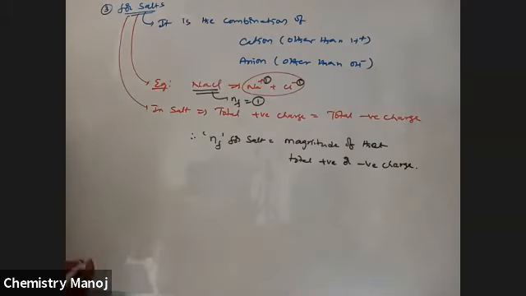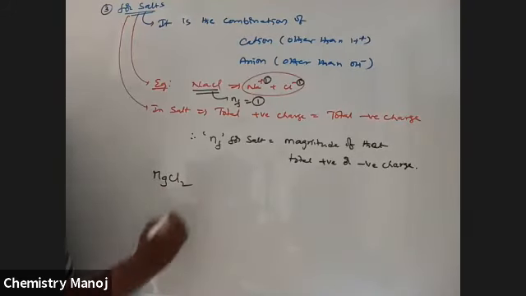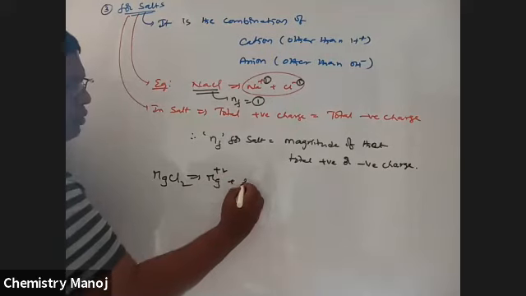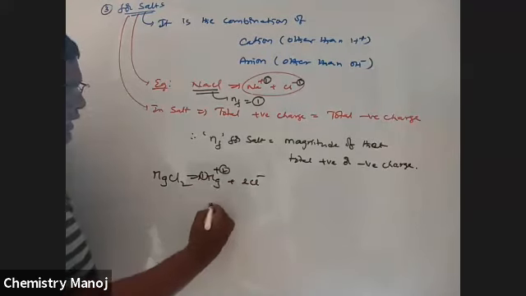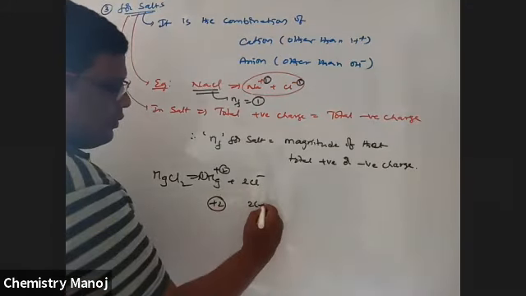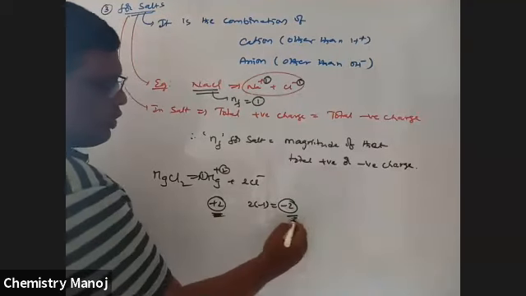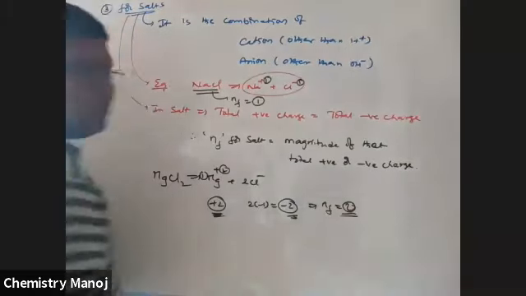See some examples. MgCl2 contains Mg plus 2 ion and 2 Cl minus ions. So 1 into plus 2 is the total positive charge, and 2 into minus 1, that is minus 2, is the total negative charge. So total positive 2, total negative 2. That implies N factor is equal to 2.